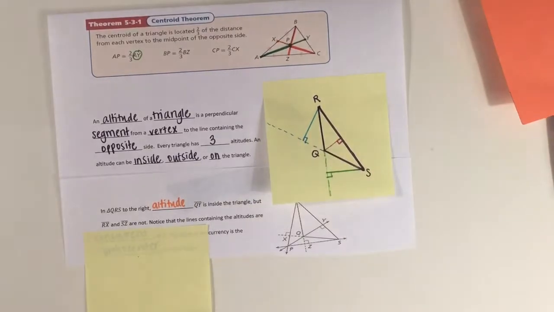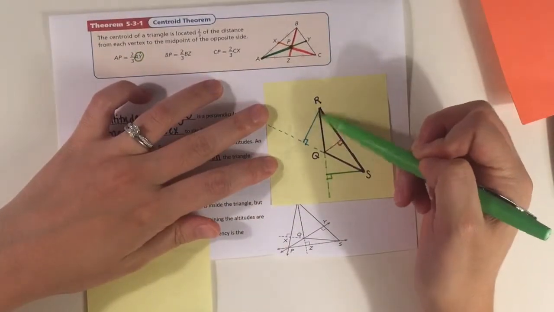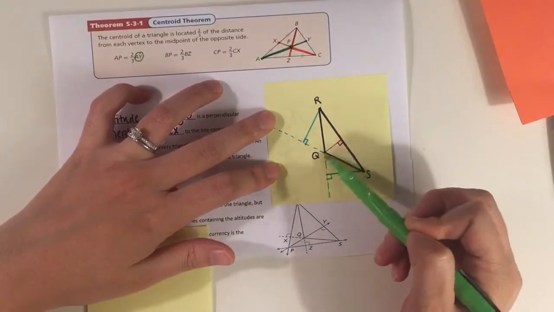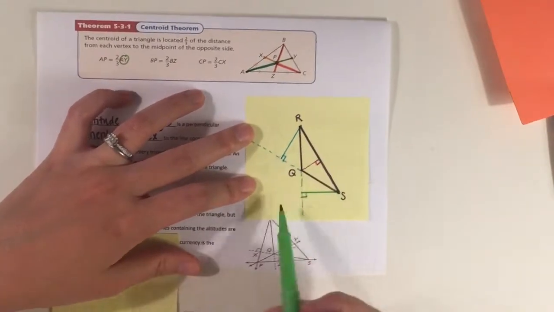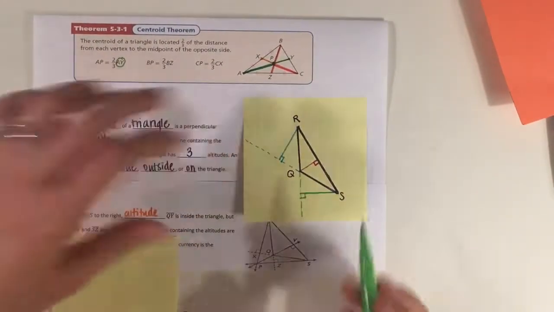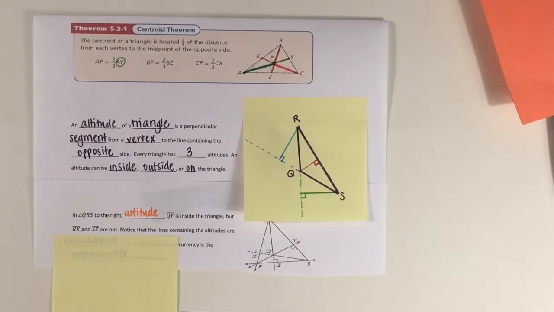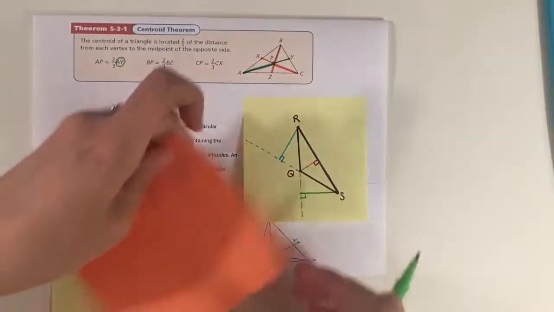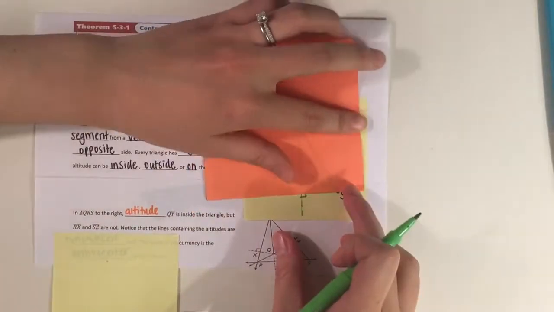And so they want you to notice that the lines containing the altitudes, so this blue line, this pinkish purplish line, and this light green line, if you extend them, they will be concurrent, meaning if you think back to our definitions from the last video, it means that they will eventually touch.